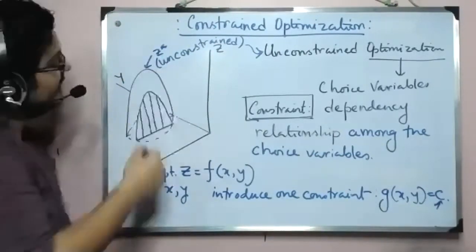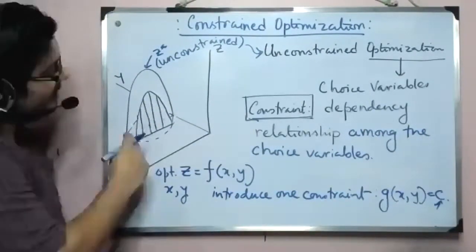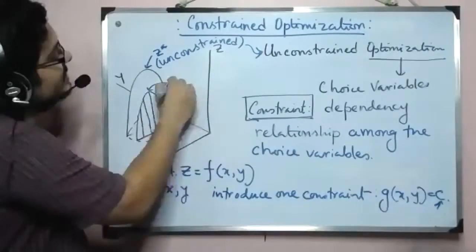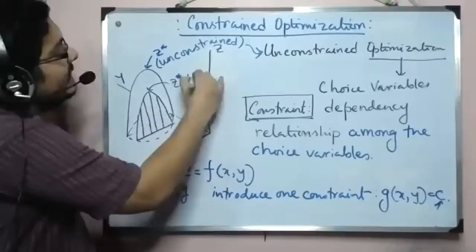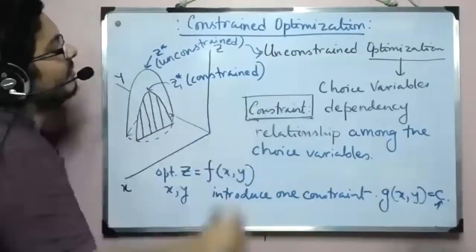the peak line. And obviously, if I consider finding the maximum only on this slice, then our maximum will become this point. Let's say this is some Z1 star, and this Z1 star will be our constrained maximum.